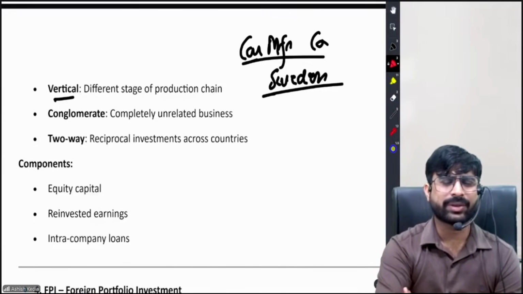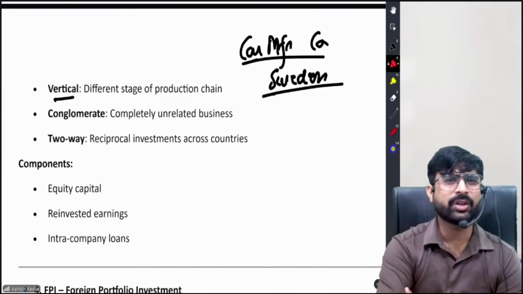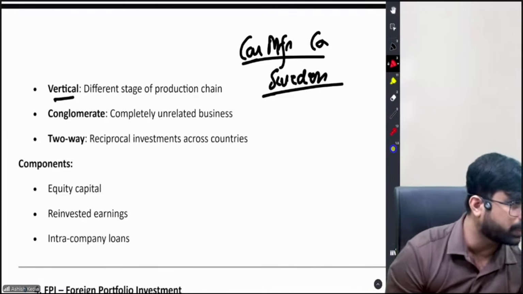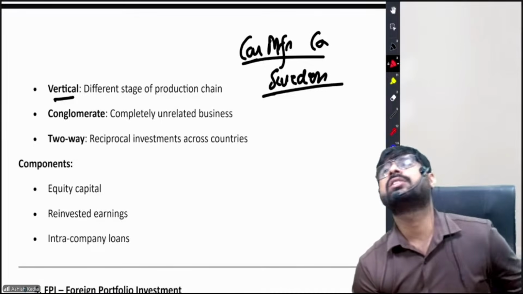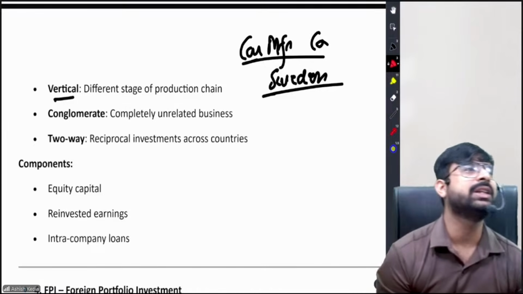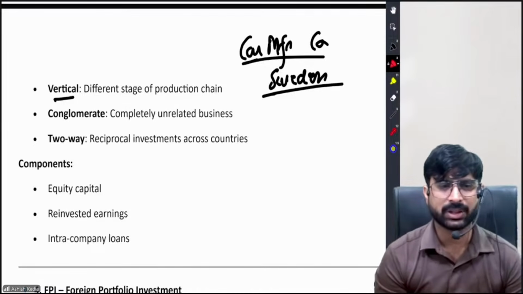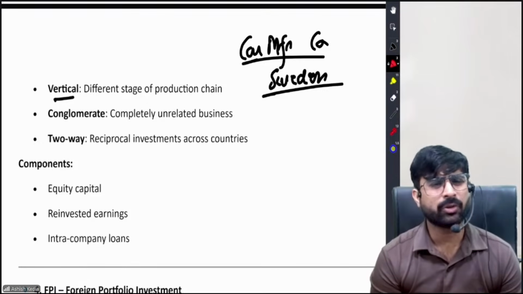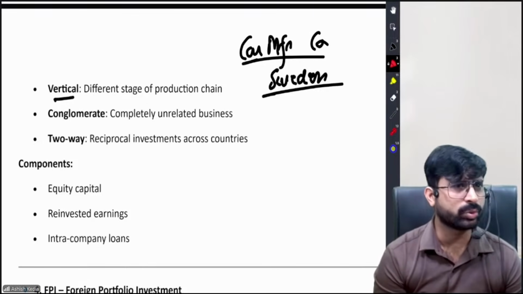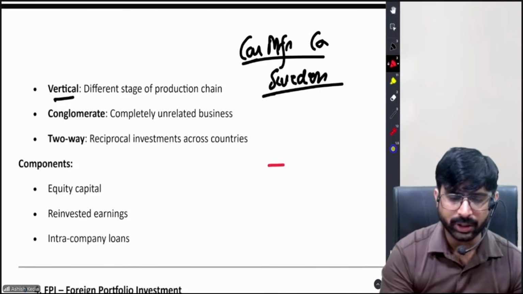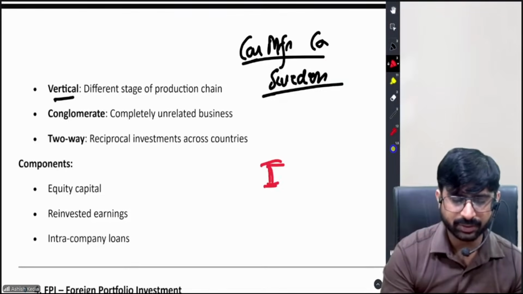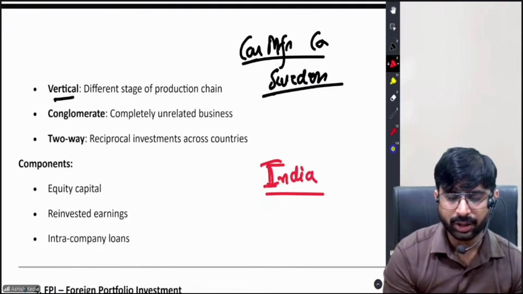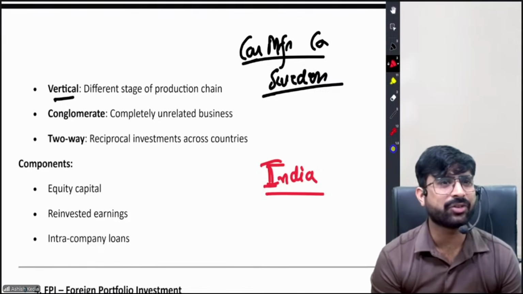Now, this car manufacturing company, naturally, doesn't have its own tires. So they acquire tires from some other company. They acquire seat bags from some other company. They acquire airbags from some other company. Correct? Okay. This car manufacturing company in Sweden finds a great opportunity in India, friends.